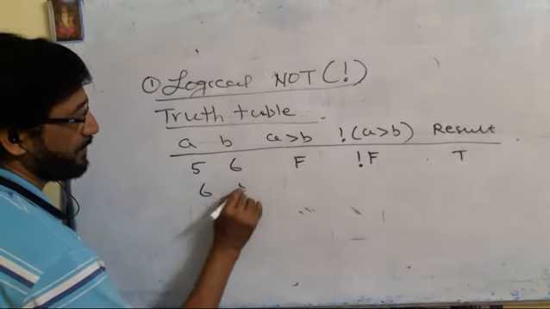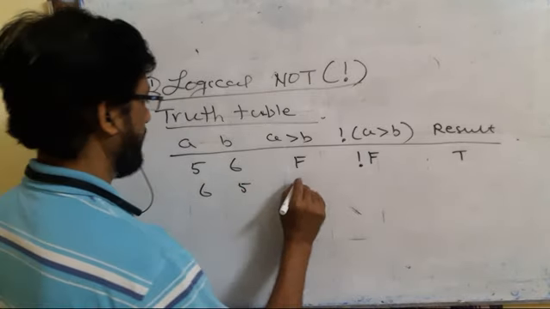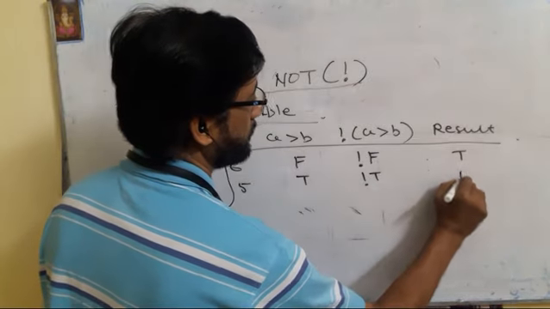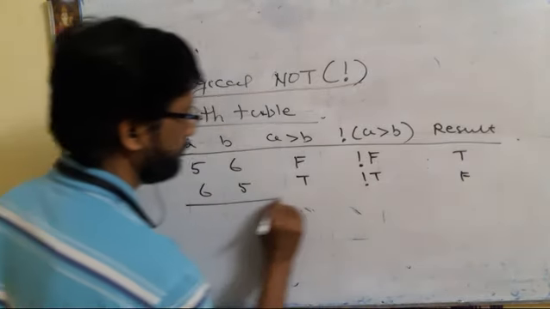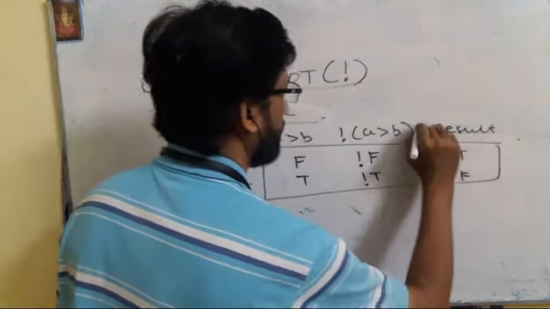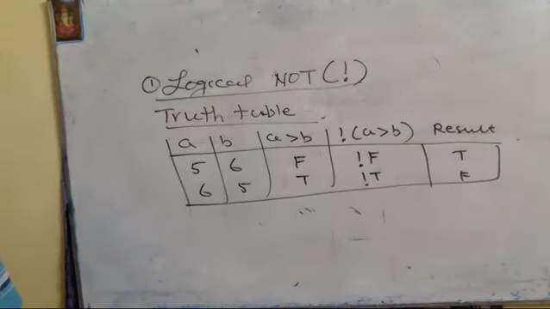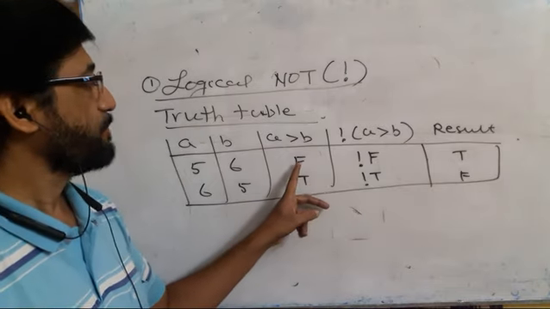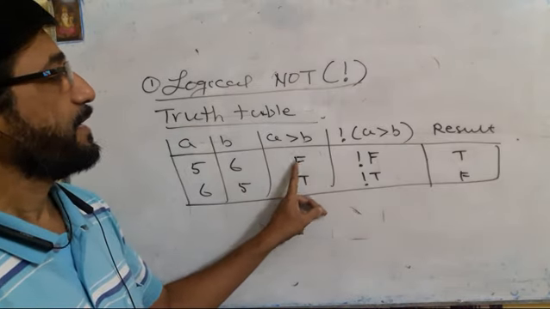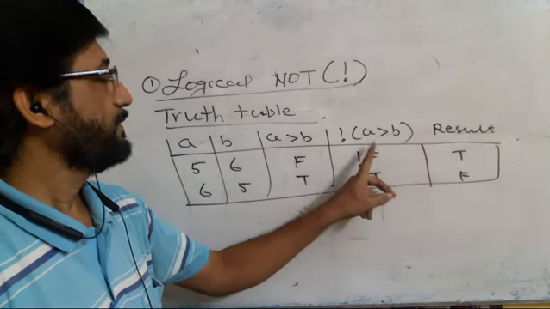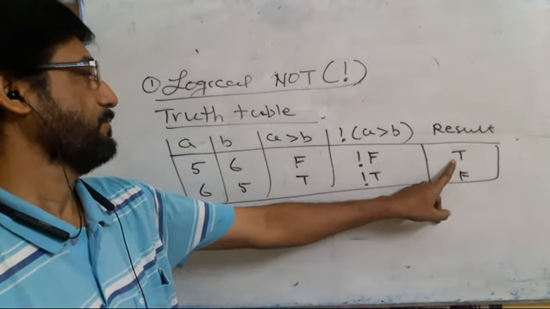Suppose this is 6 and 5. 6 greater than 5 is true, and this is not true. This is false. This is the truth table of the logical NOT operator. If the relational expression is false, then the result of the logical NOT formed by the relational expression is true.